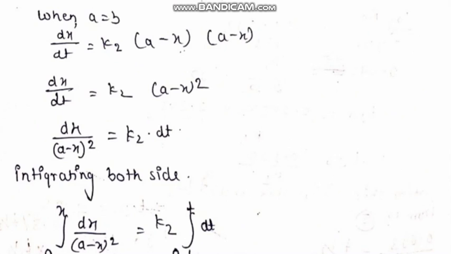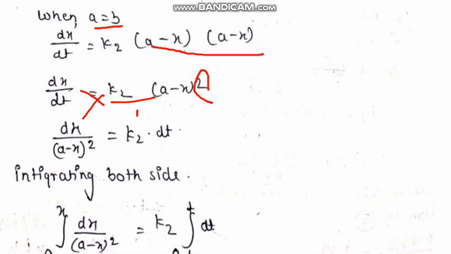At a certain point of time, the concentration a is equal to the concentration of small b. So dx by dt is equal to K2 a minus x into a minus x, which gives rise to the square of a minus x, and by cross multiplying this equation we achieve dx upon (a minus x) square is equal to K2 dt.